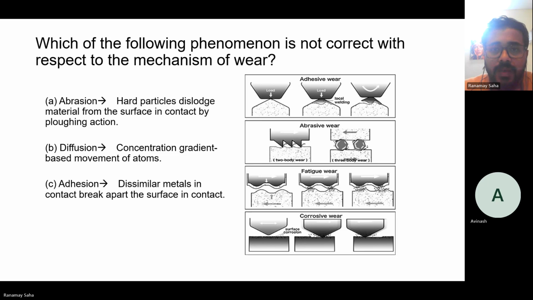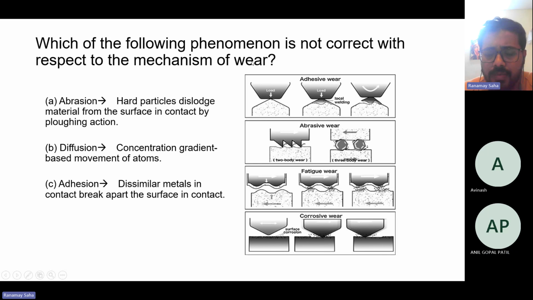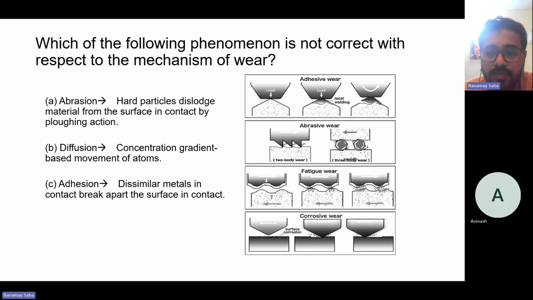There can be quite some tolerances between the surfaces of machine parts, but with time, owing to plastic deformation, parts come in touch and, over time, face a kind of wear which is called fatigue wear. The same kind of load is applied at the same point, this kind of contact happens, and fatigue wear is encountered.